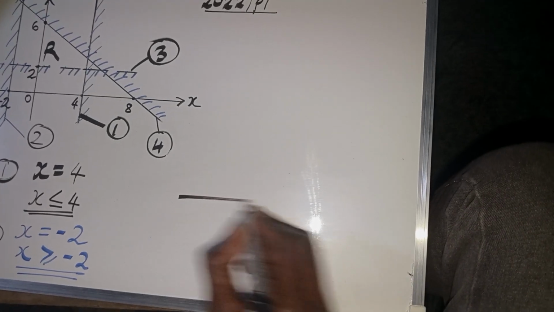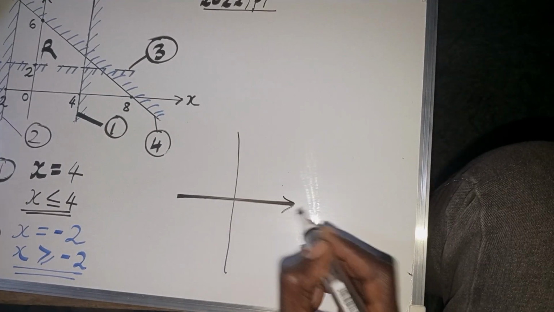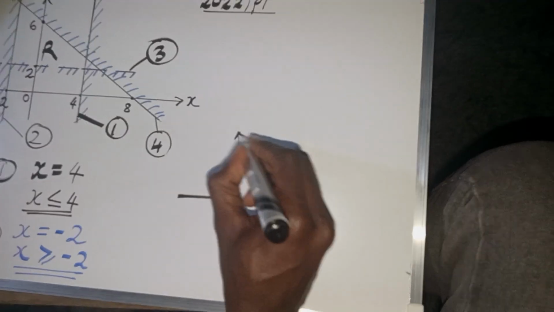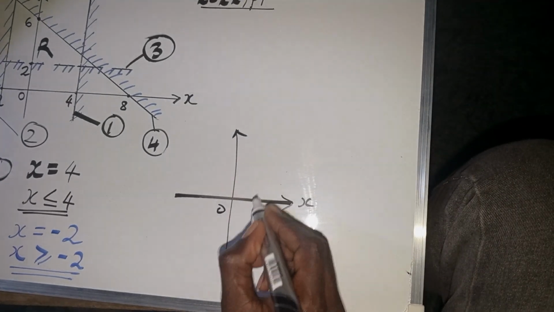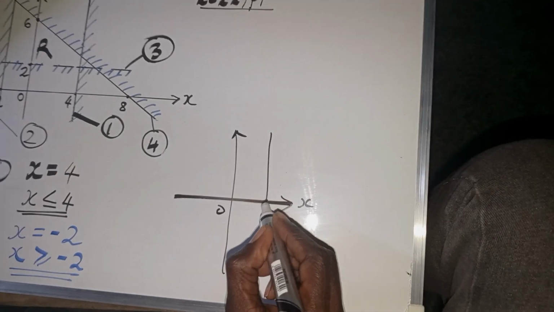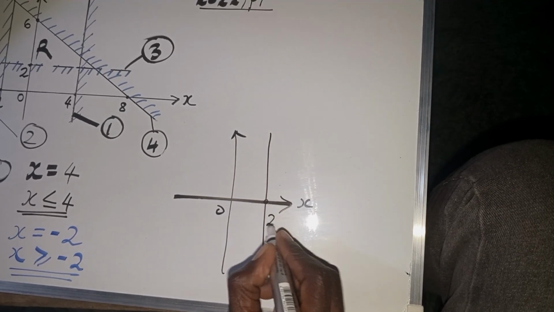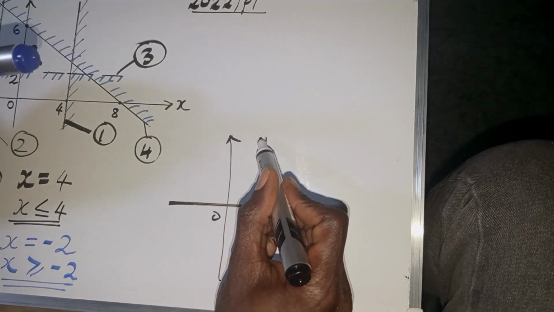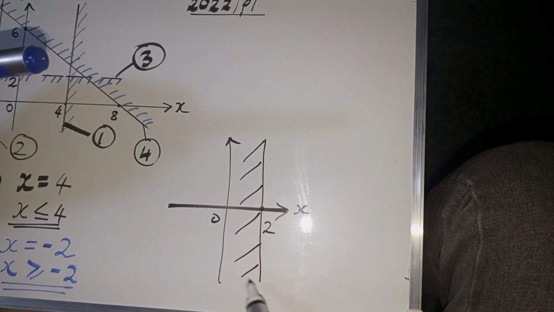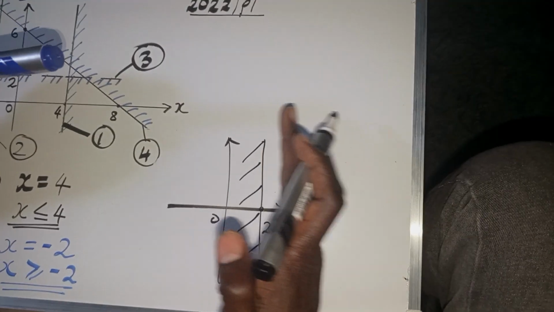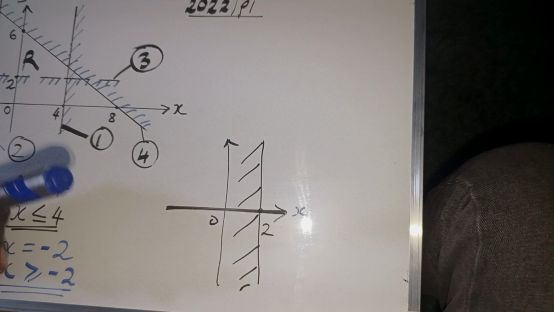Suppose now you are having a solid line. Imagine that now you have got a solid line, but this solid line is cutting, in this case, the x-axis at 2. And they have actually shaded in this direction. They want you to identify the unshaded region there.